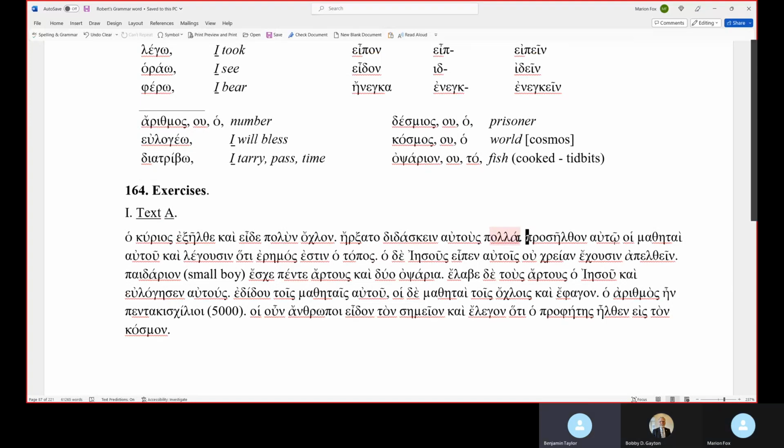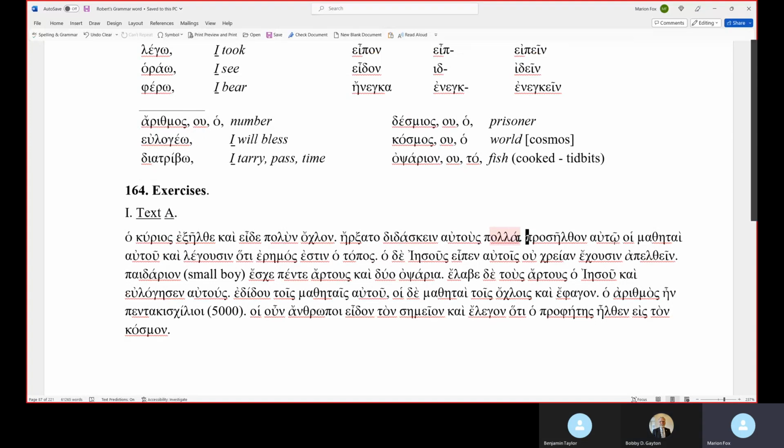Neuter. Polla is neuter. Many things, that makes sense. That's why it comes out better.